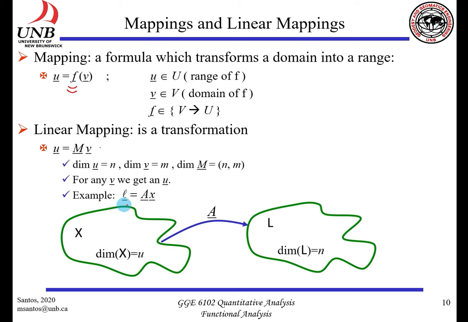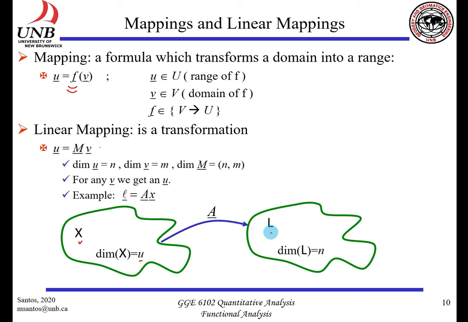Example, the usual least squares relationship that we have: observations equal to the design matrix A times the parameter vector x. Here we have the space of parameters, which has a dimension u, number of unknowns.